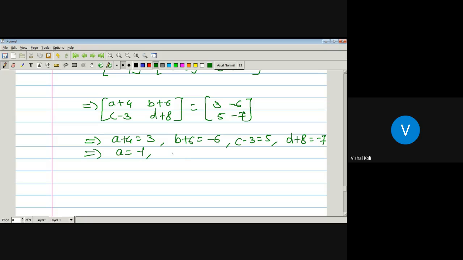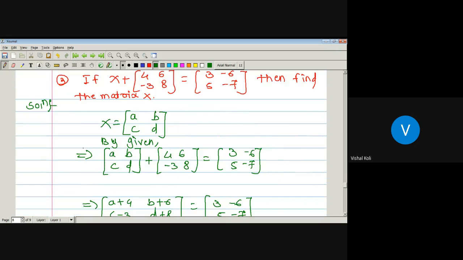B plus 6 equals minus 6, so B equals minus 6 minus 6, which is minus 12. C equals 3 plus 5, which is 8, and D equals minus 7 minus 8, which is minus 15. So here we get the values of A, B, C and D.